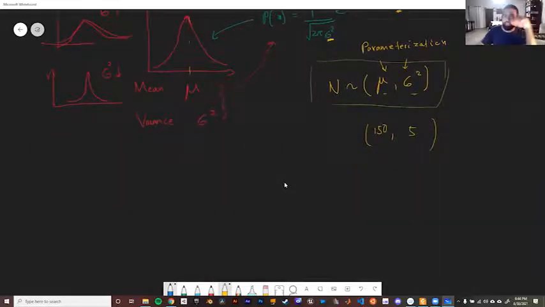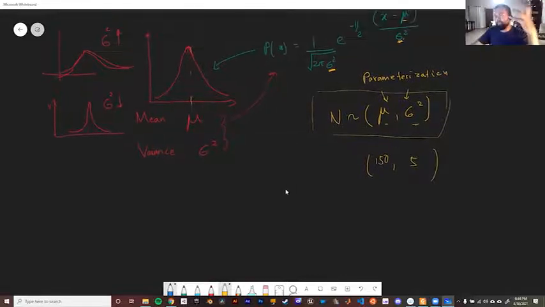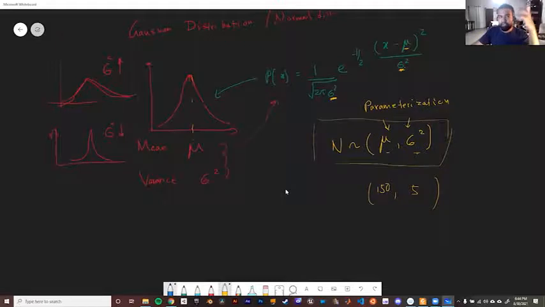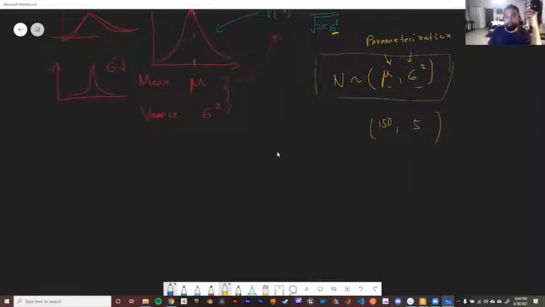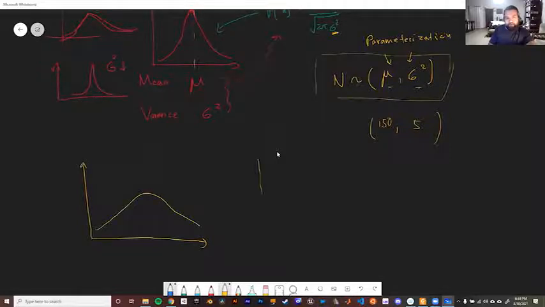Another thing that we need to understand here is about information. These graphs capture information. Can someone tell me, if I have a graph like this, and I draw two Gaussian distributions, and then I have one like this.